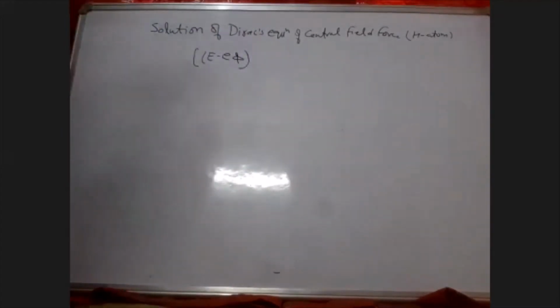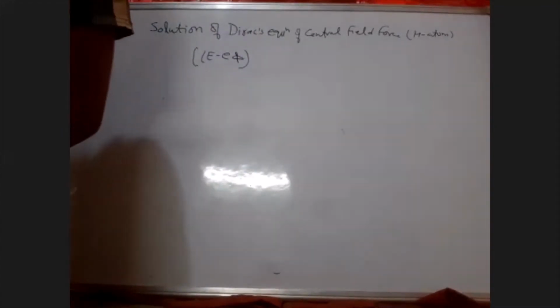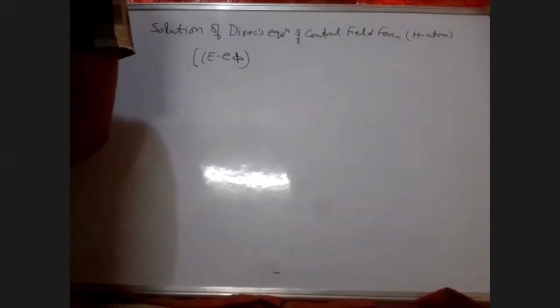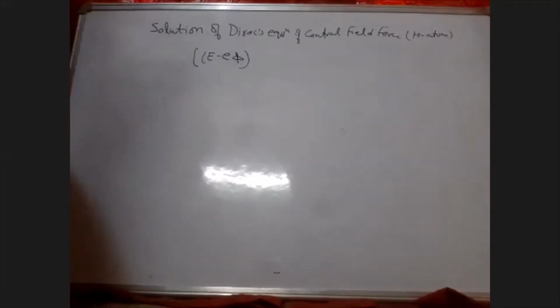As we all know, to write the Schrodinger equation, Klein-Gordon equation, or Dirac equation in an electromagnetic field, where both electric field and magnetic field are present, we have to replace E by E minus eφ and P by P minus eA.